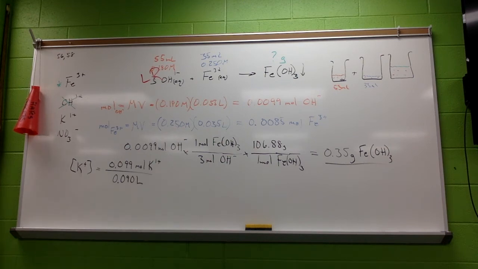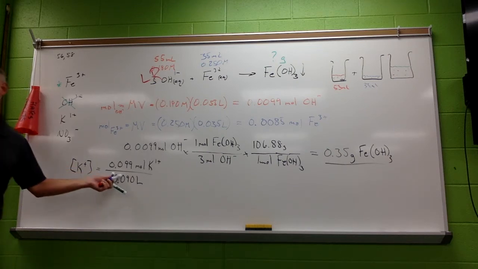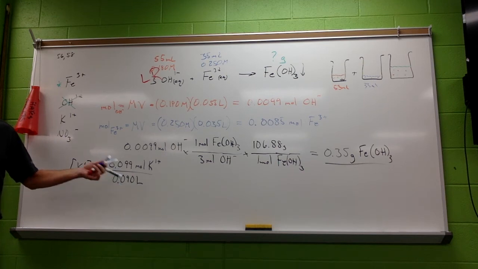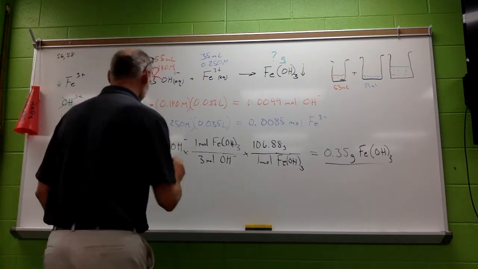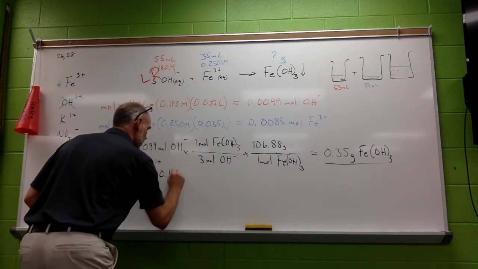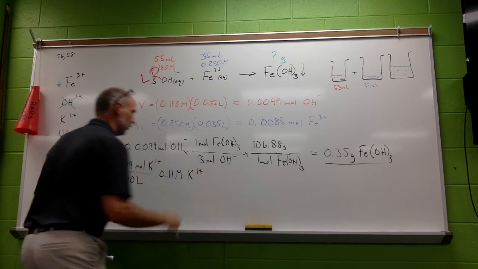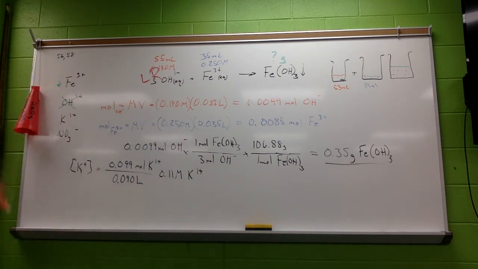The same amount of particles are there. They're just floating around in a larger space. So their concentration is going to, as Joe said earlier, decrease, whatever this comes out to be. Does anyone have that? I do. What is it? 0.11.